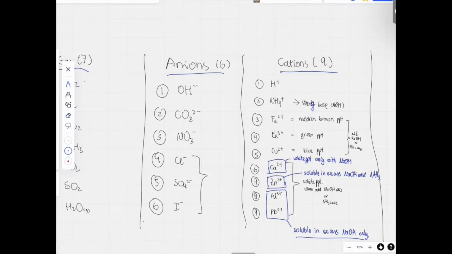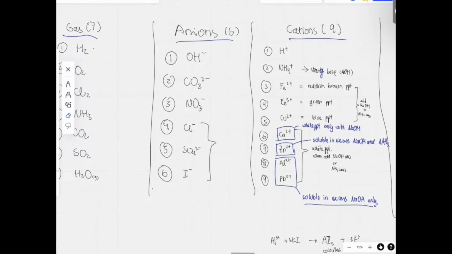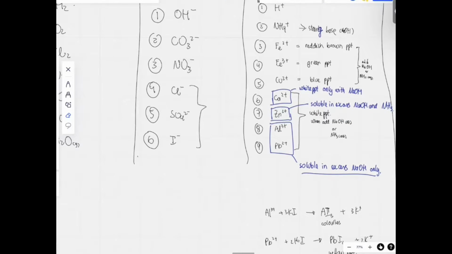CO3 2 minus, carbonate. NO3 minus, nitrate. Cl minus is chloride. Chlorine is Cl2 gas. The anion is dissolved in the solution, and it's colorless.